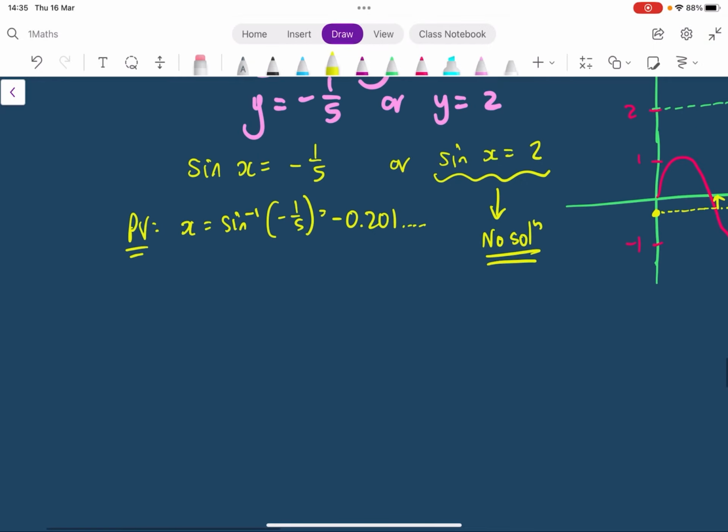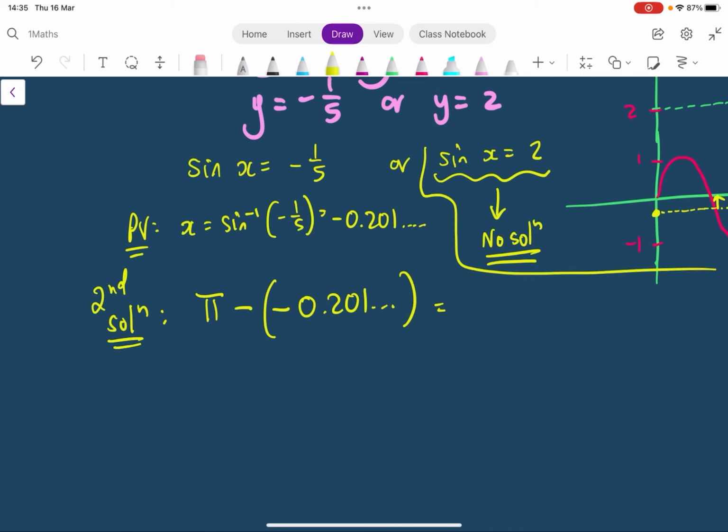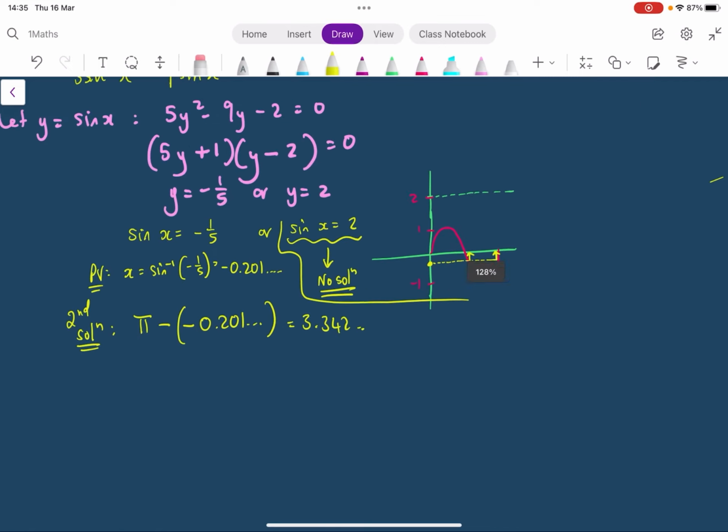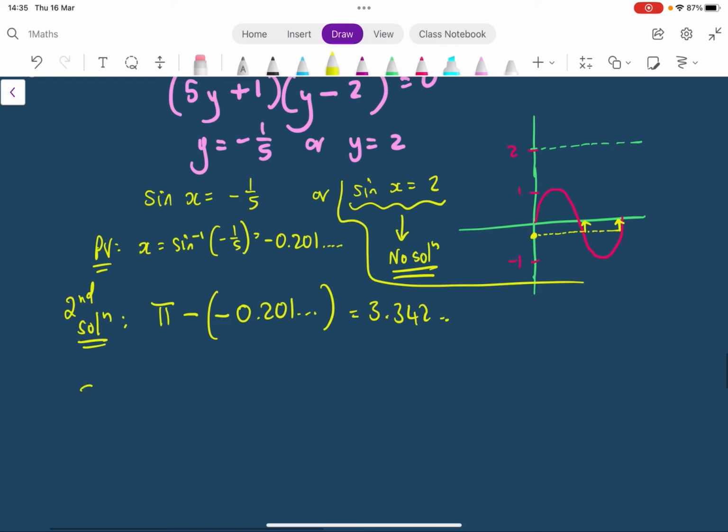So my second solution for sine is going to be pi minus, so pi minus negative 0.201, which gives me 3.342. Now let's first write this down.